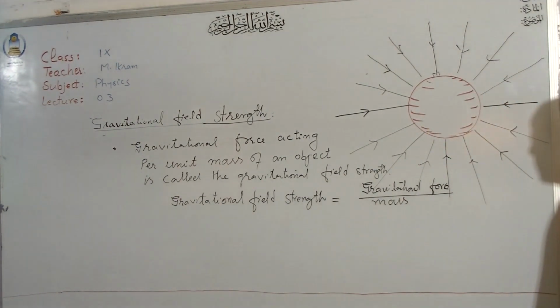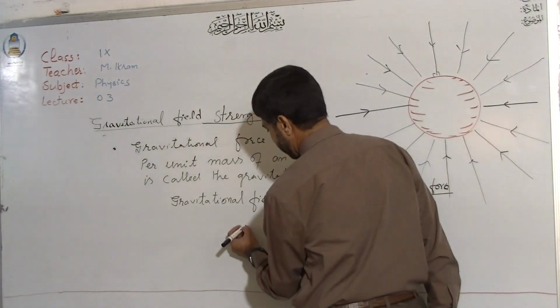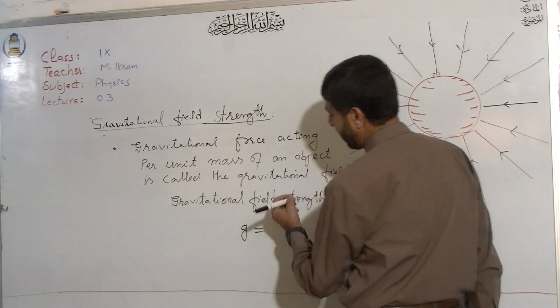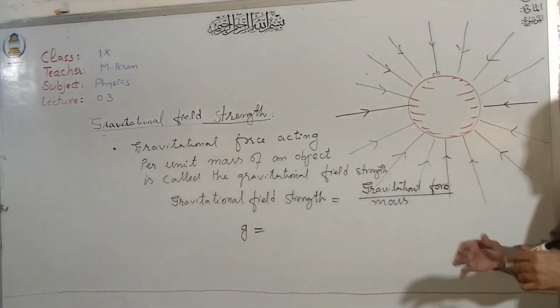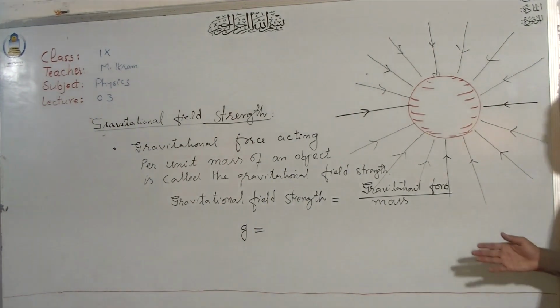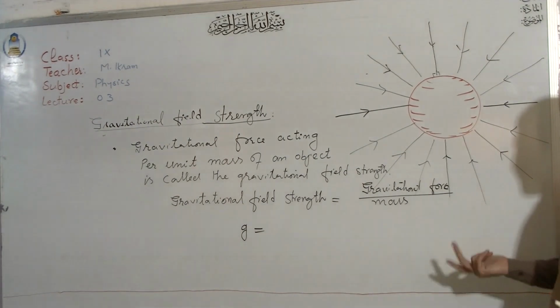That is what we can write about the gravitational field strength. It is denoted by g. For example, if I just talk about the Earth, then the gravitational force of the Earth on an object will be equal to the weight of the object.